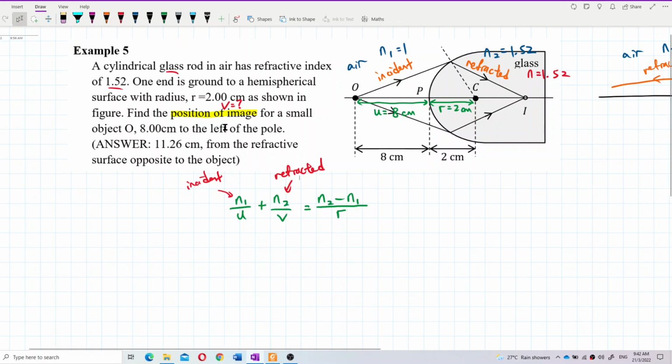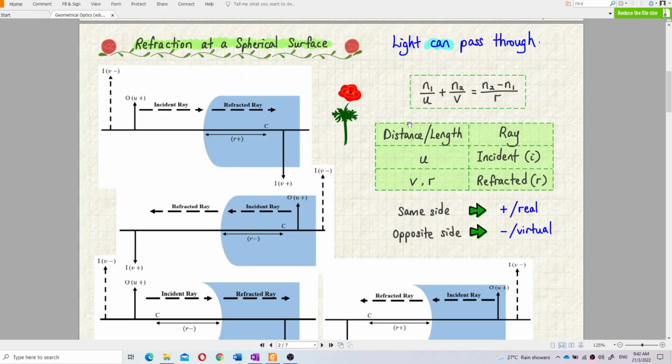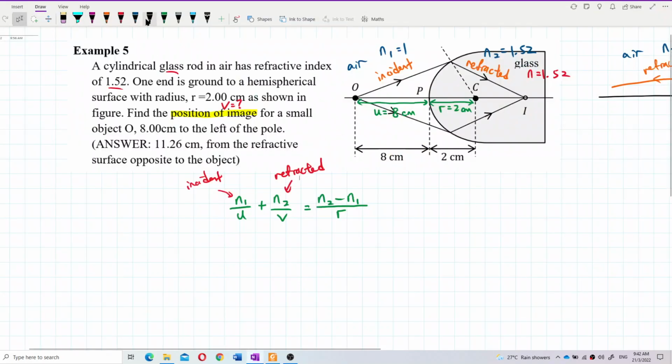So we have the object distance also. So U should be positive or negative? Remember, U always compares with the incident ray, and then V and R compare with the refracted ray. Understand? If same side, positive; if opposite side, negative. I want to write it down here.